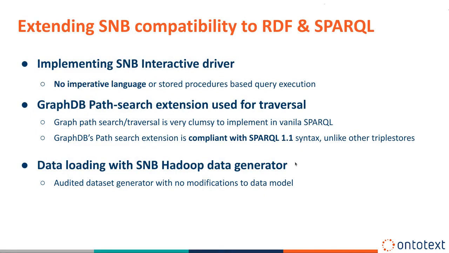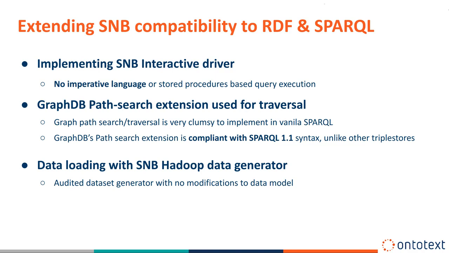Okay, hello everyone again. Before we delve into our extension of SNB and how we made it compatible with RDF and namely GraphDB, I want to mention that graph algorithms and the use case of social networks involve a lot of graph traversal, which in the case of SPARQL 1.1 is not very efficient.